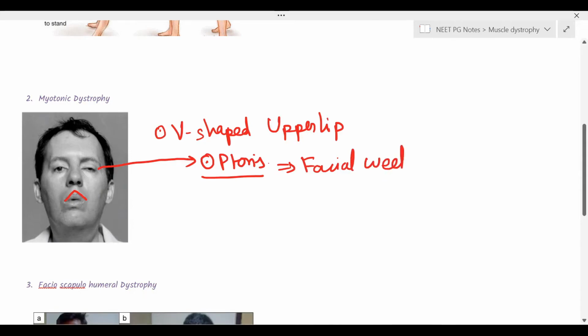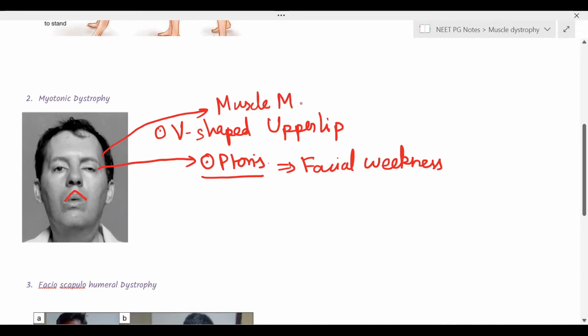So this is an image based thing. Then we will also have this thing. What is this one? This is the temporal fossa. In the temporal fossa, the muscle mass will be reduced.